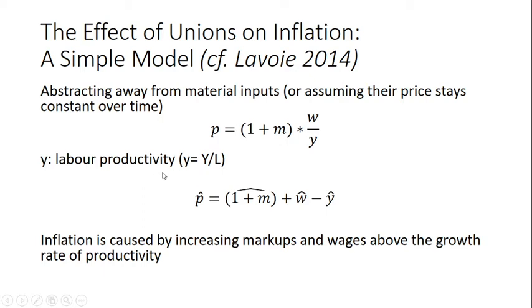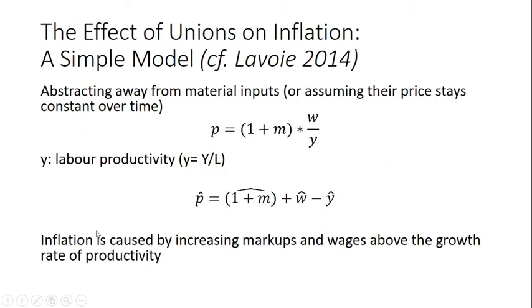Now, we know that the growth rate of prices, so inflation, is equal to the growth rate of the markup, plus the growth rate of wages, minus, down here, labor productivity, as it's dividing here. Okay, so we get a very, very simple statement for the causes of inflation.